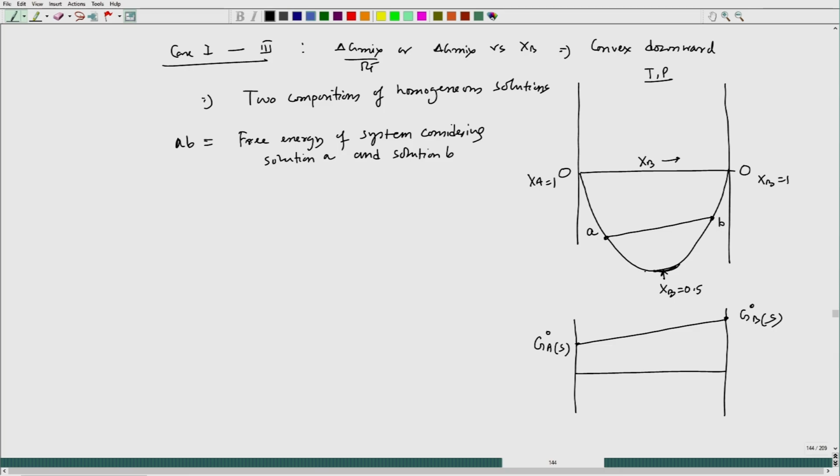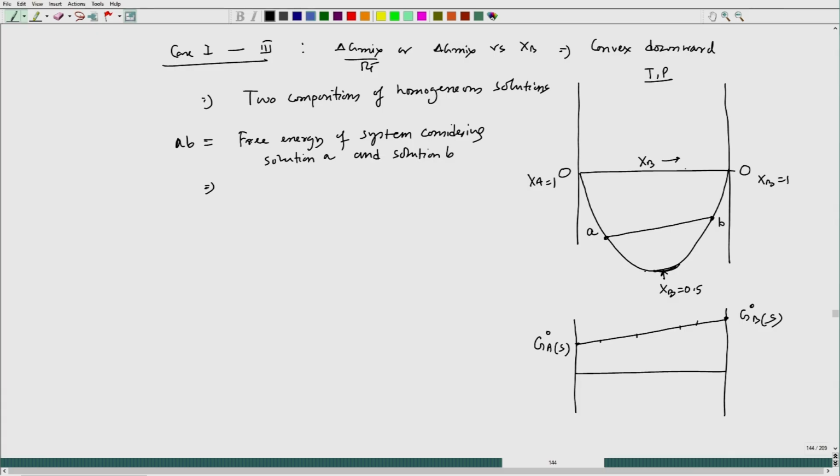You recall that. Any point over this is related to the fraction taken of A and B. Similarly, here also, any point over this AB line would be decided by the fraction of solution A and solution B, and that particular composition will be decided by the lever rule, because we are actually balancing the mass of the solute content. Okay.